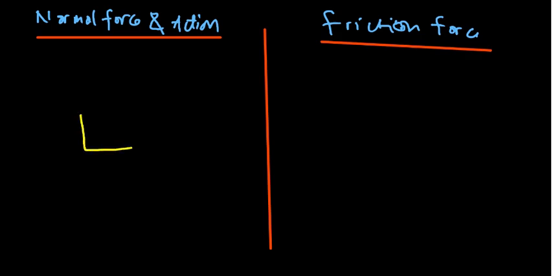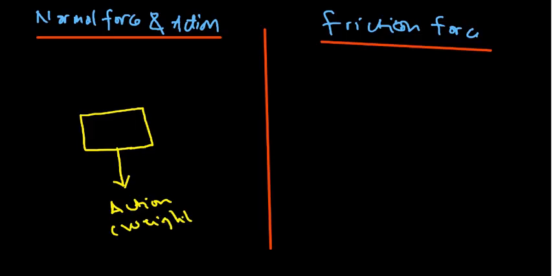Going to the normal force, sometimes we call it action and reaction, or normal force and weight. It is two equal forces, but which act in different directions. The downward one we call action, which is equal to the weight.